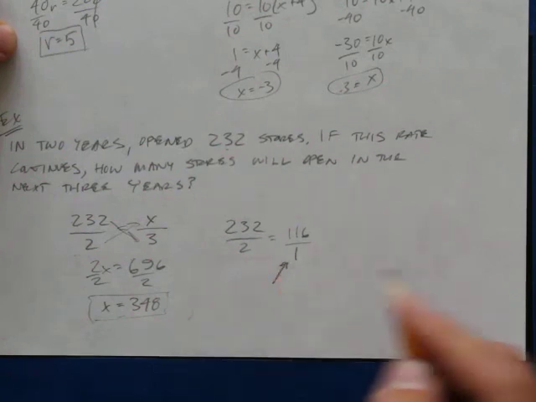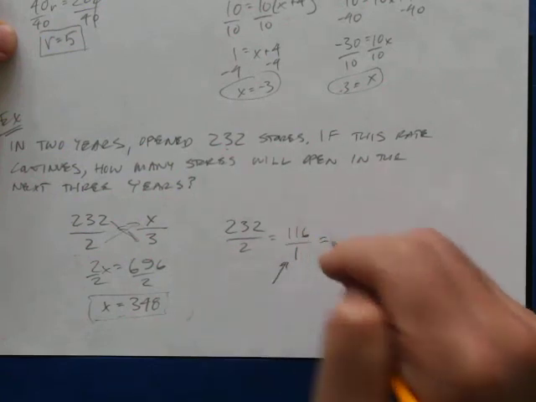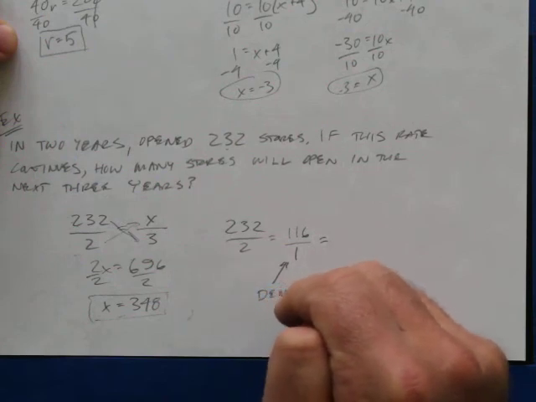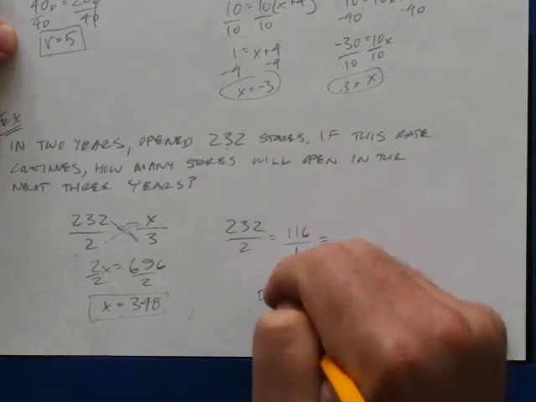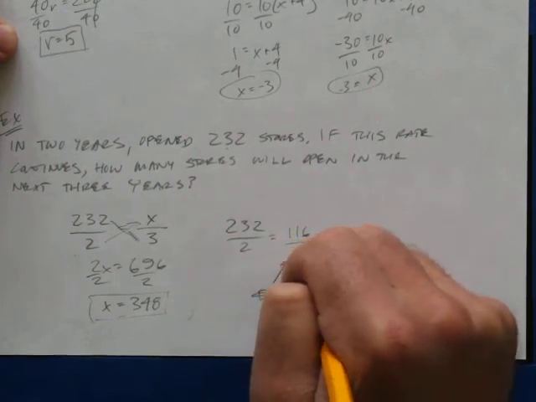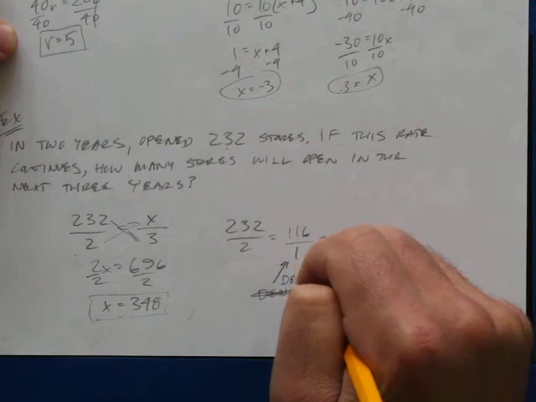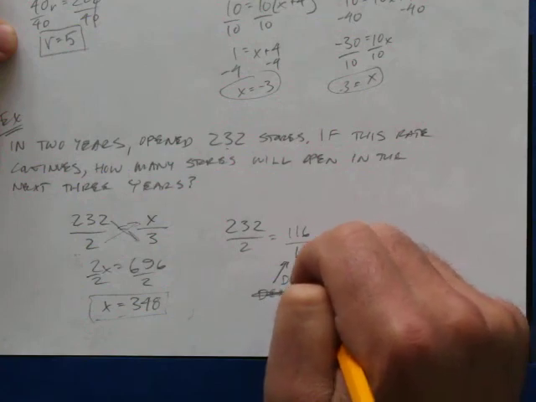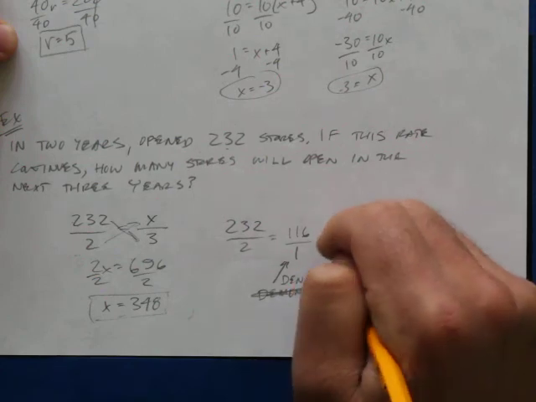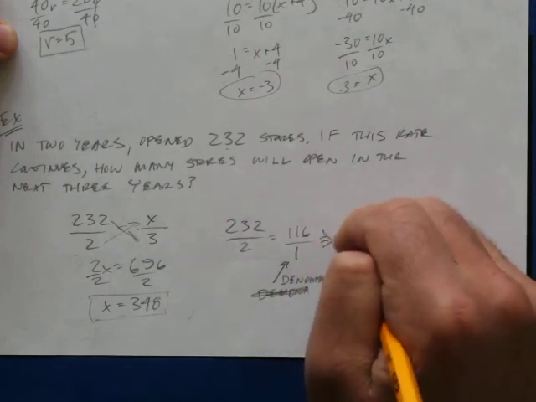And so notice, if the denominator is 1, oops, spelling that wrong, denominator equals 1, then I have my unit rate.